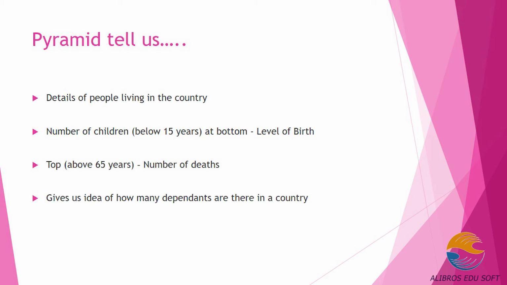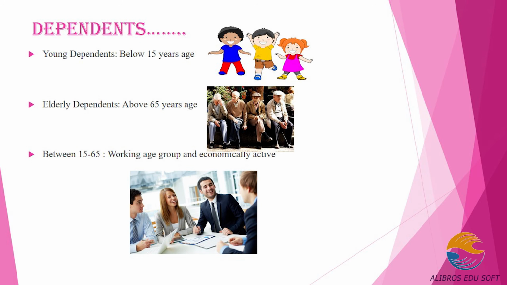The numbers of children below 15 years of age are shown at the bottom and reflect the level of birth. The size of the top shows the numbers of aged people, which are above 65 years, and reflects the number of deaths. The population pyramid also tells us how many dependents there are in a country. Who are the dependents?